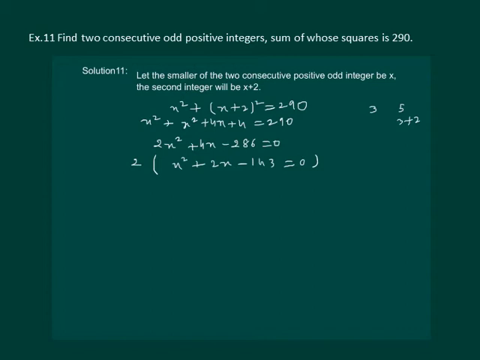So now the roots of this equation will be the same as this one. Comparing this with ax square plus bx plus c equal to 0, we have a equal to 1, b equal to 2 and c equal to minus 143. Now using the quadratic formula, substitute and find the value of x.